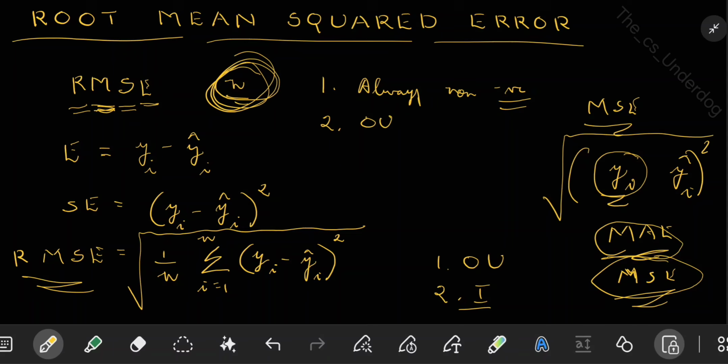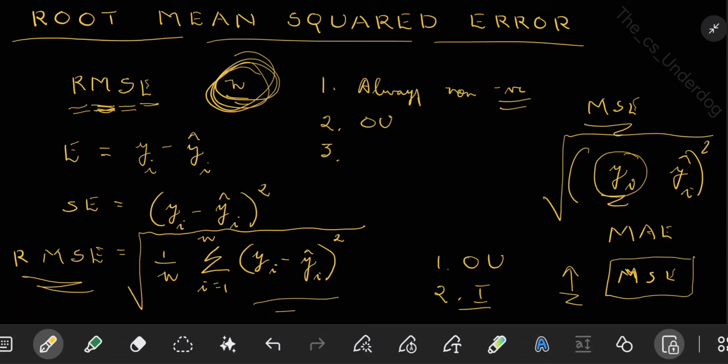What is the other advantage? Another advantage is it always penalizes large errors heavily. In case of MSE, we had seen that one particular use case of MSE is when you have a use case where you want larger errors to be penalized heavily. The same requirement is satisfied in RMSE. So larger errors are penalized heavily.